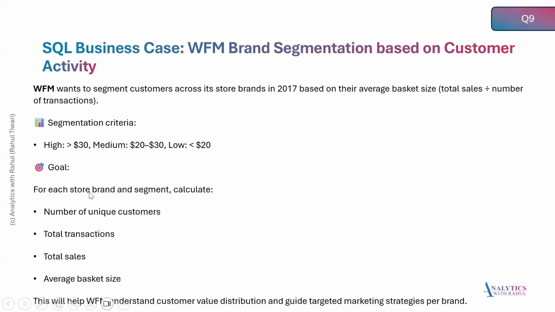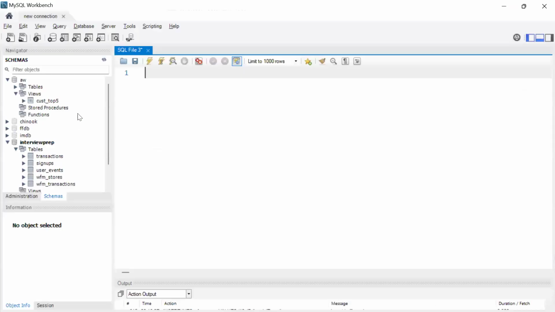For each store brand and segment, calculate the number of unique customers, total transactions, total sales, and average basket size. This will help WFM understand customer value distribution and guide targeted marketing strategies per brand. So that is the query we have to write. Let's create the query and try to understand.